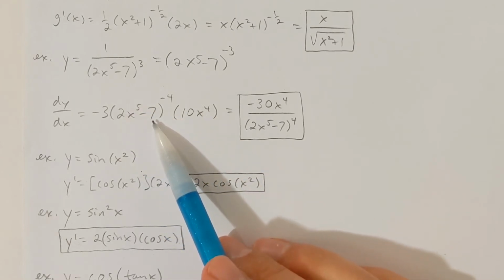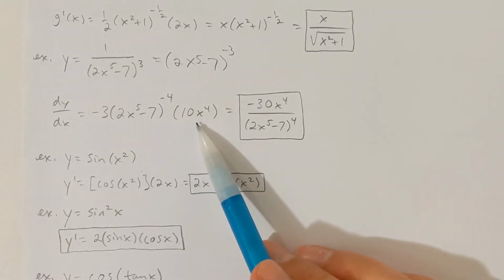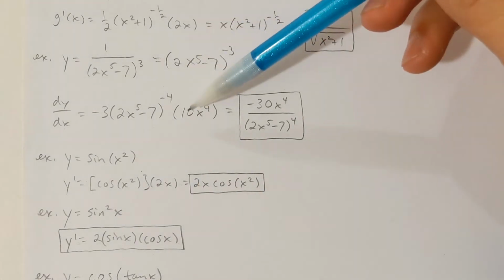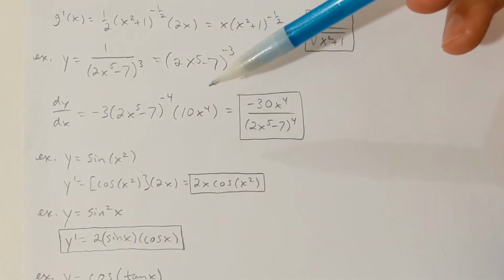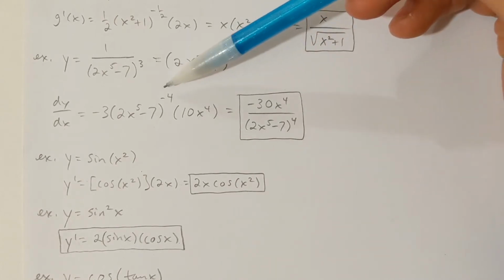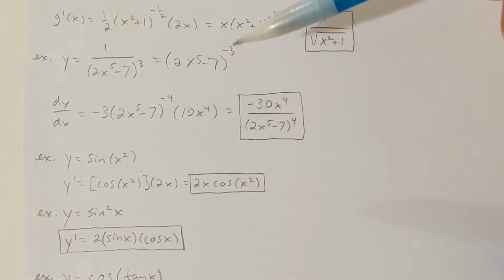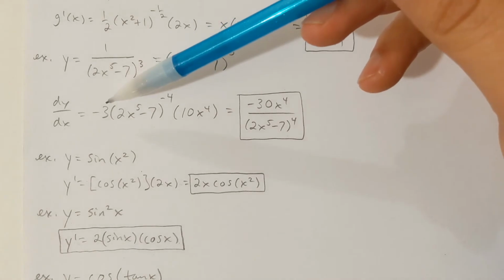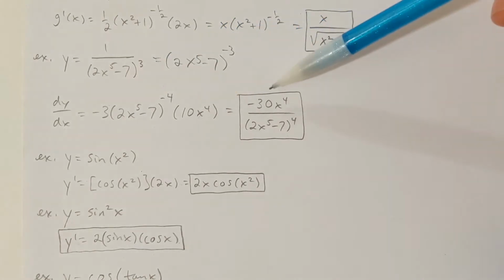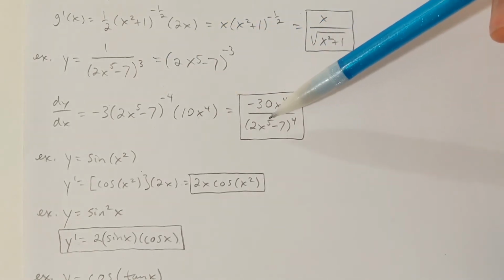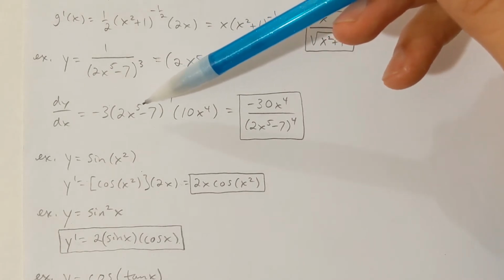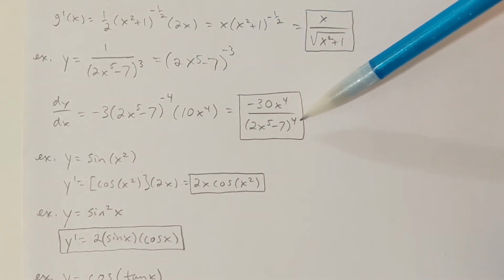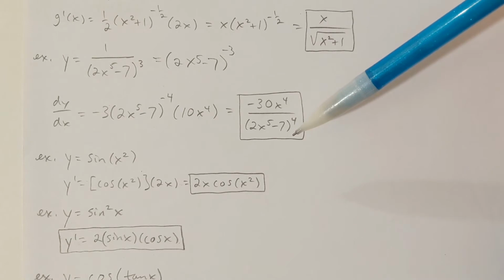The derivative of 2x^5 - 7 is 10x^4. Okay, simplify. Also, like what we were doing before, give your answer without negative exponents. That's how the book will want it. So we're going to have negative 30x^4 in the numerator divided by (2x^5 - 7) to the 4th in the denominator.